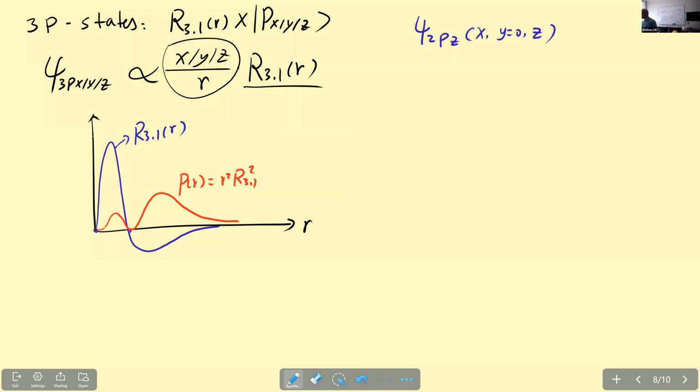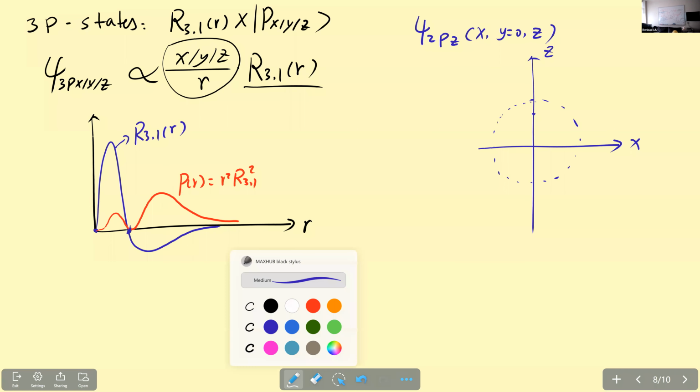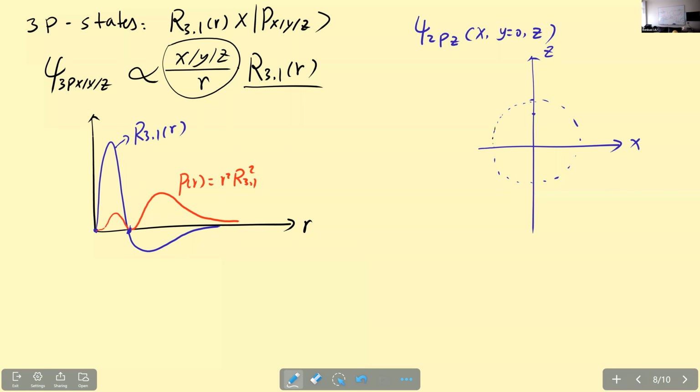Let's consider psi 2pz, for example, and look at this in the xz plane. So you have something like this. This is x, this is z, and because you have this node, somewhere here should be 0, at this distance.